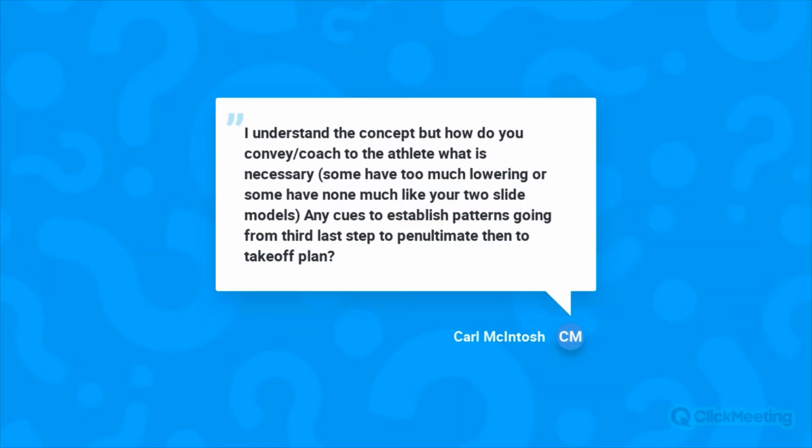It's not just one step will kill all. You just need to really think about what the problem is that the athlete has got and what you can do to overcome that problem. So there's various things you can do.